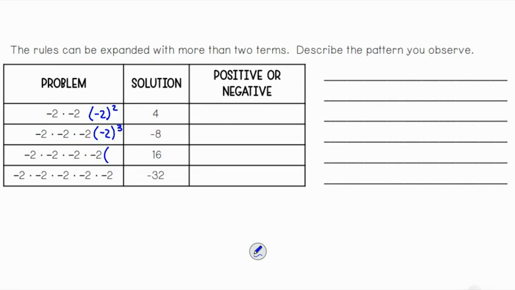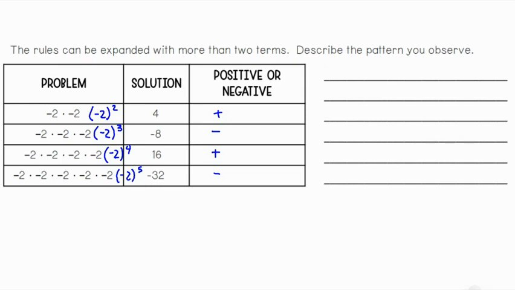If we have negative 2 raised to the power of 4, is the outcome negative or positive? And negative 2 raised to the power of 5. Okay? So we're just looking straight at this chart. This one's positive, this one's negative, this one's positive, this one's negative. So describe the pattern that that chart shows. Okay. Kind of a challenge to think about.